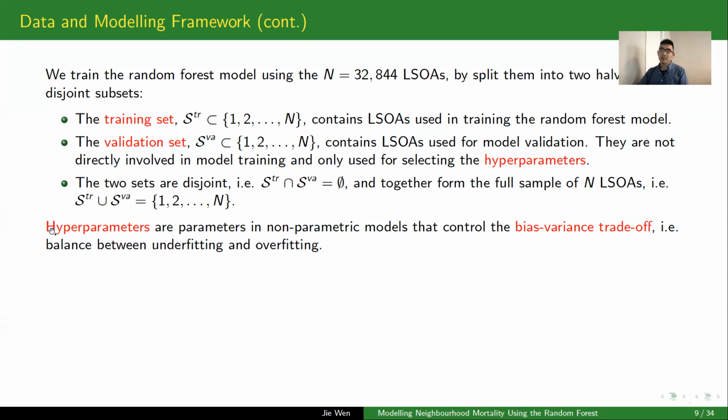There's a terminology here: hyperparameters. This is quite a common concept within all of the non-parametric models. These are the parameters in non-parametric models that control the bias and variance trade-off, for example the balance between underfitting and overfitting the model. So we have to choose the most appropriate hyperparameters to make sure that the model is neither underfit nor overfit.